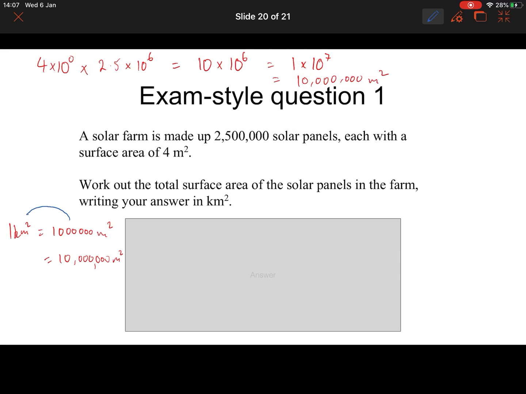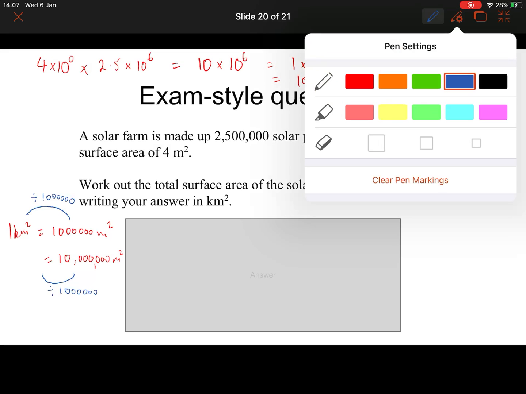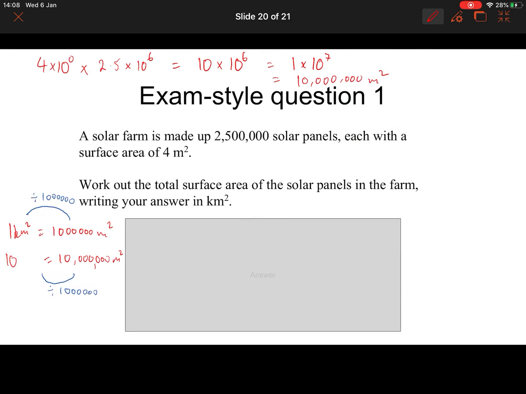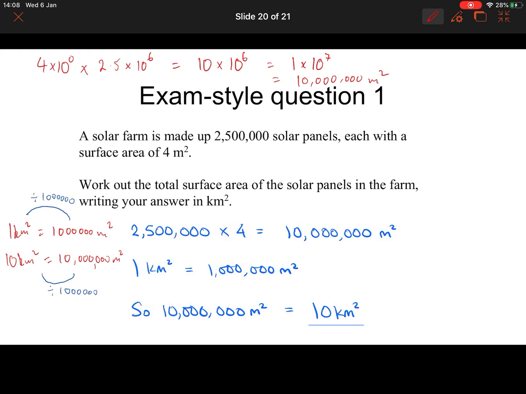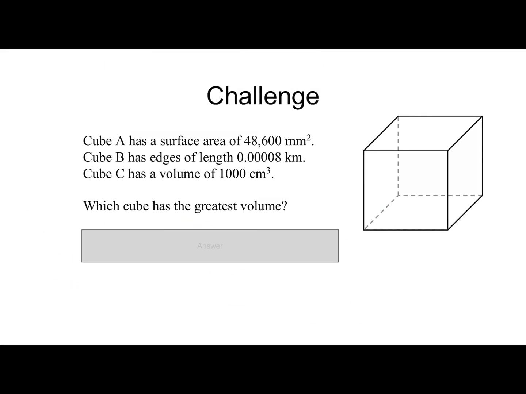We're working the other direction, so we need to divide both sides by 1 million. Okay, so 10 million divided by 1 million must be equal to 10 square kilometers. Okay, there's the answer. All right, so I like to use standard form because A, it practices it, and B, standard form is all about doing things quickly and easily.